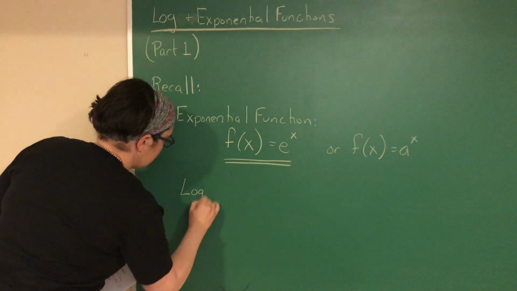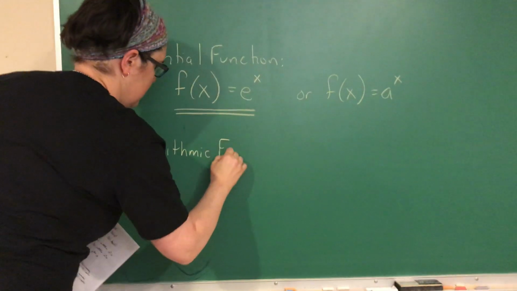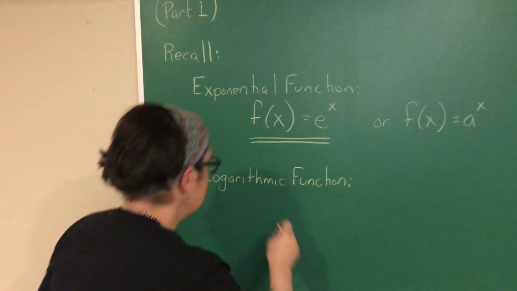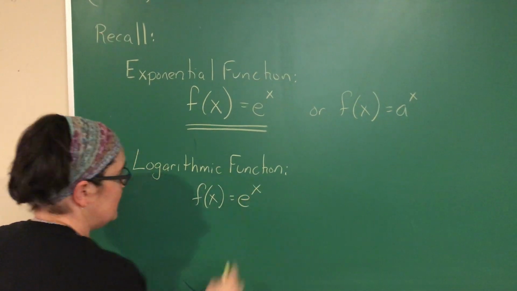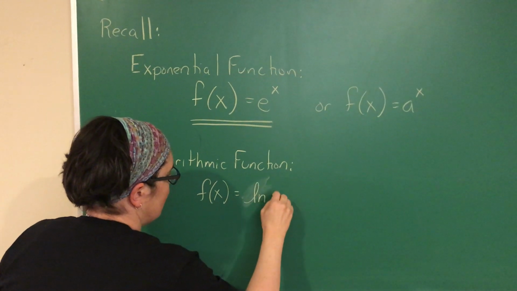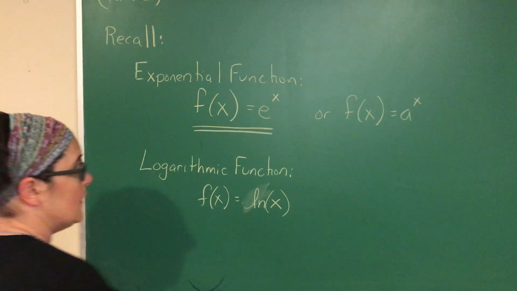When we talk about a logarithmic function, we're talking about a function like f of x equals natural log of x, and I can put the x in parentheses or not, it doesn't matter.